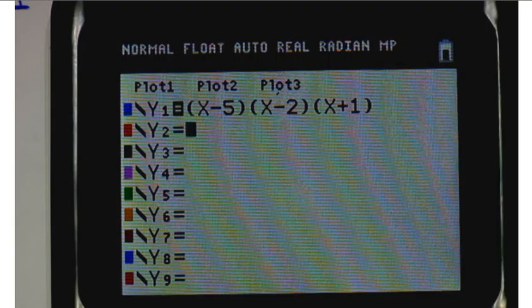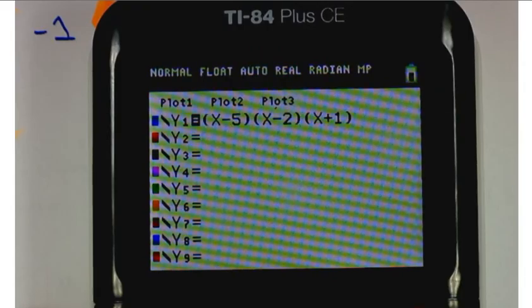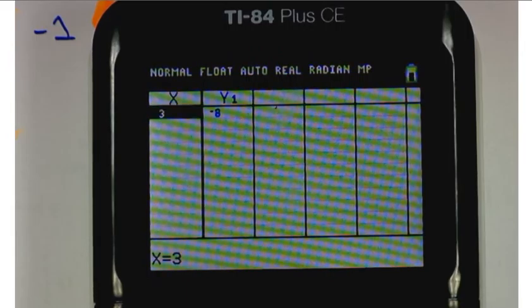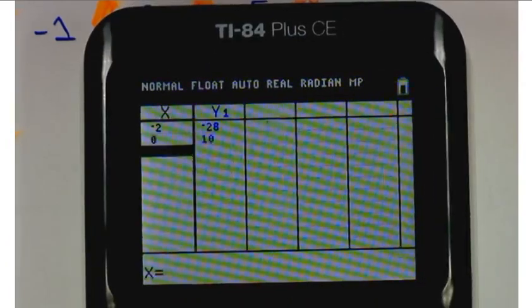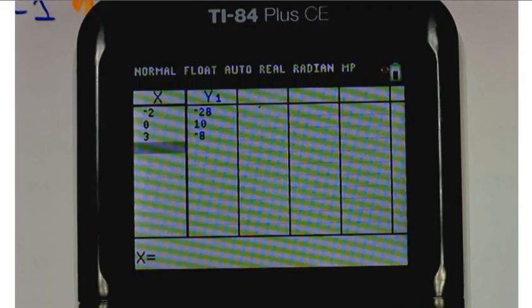So zoom out a little bit. You hit the second key, then the graph key, that takes you to the table function. If you hit delete here a couple times, then boom, we're in good shape. We can do all our test points. Negative 2, where else would we go? 0, 3, and 6.